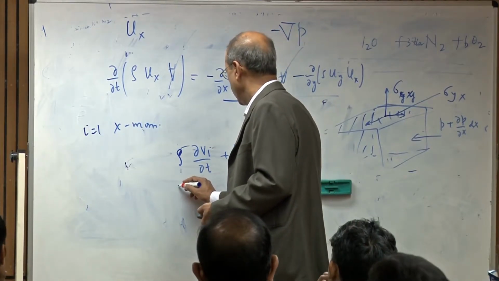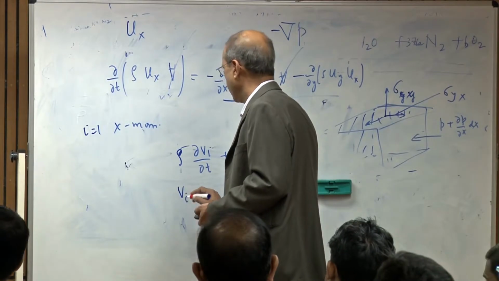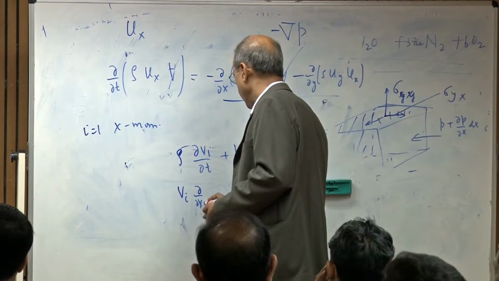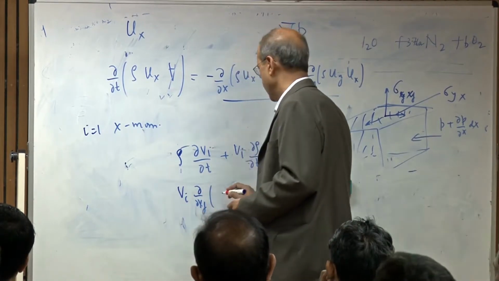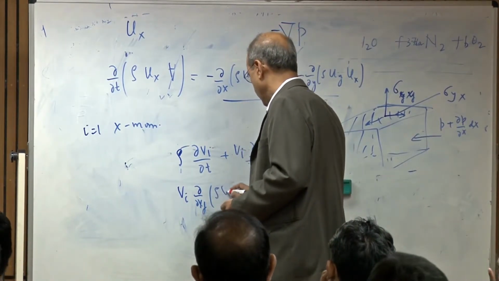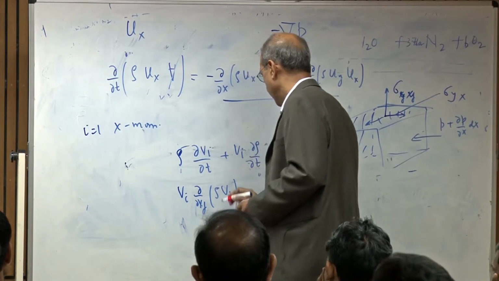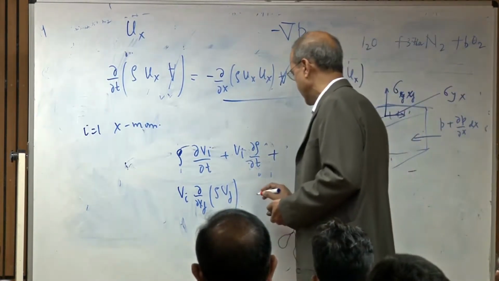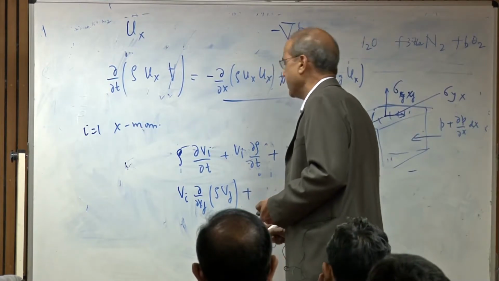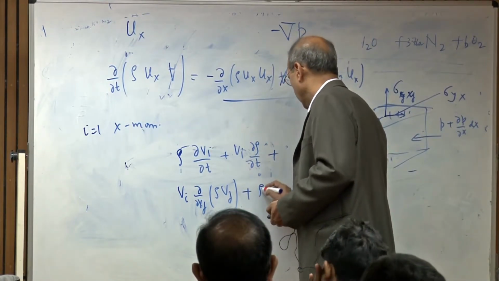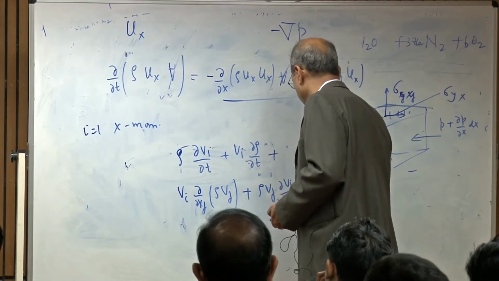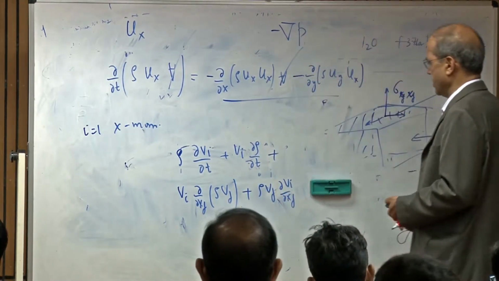So just take vi out, then it is d dxj of rho vj. Okay. And then the next term is rho vj dvi dxj. Yeah, this is correct.